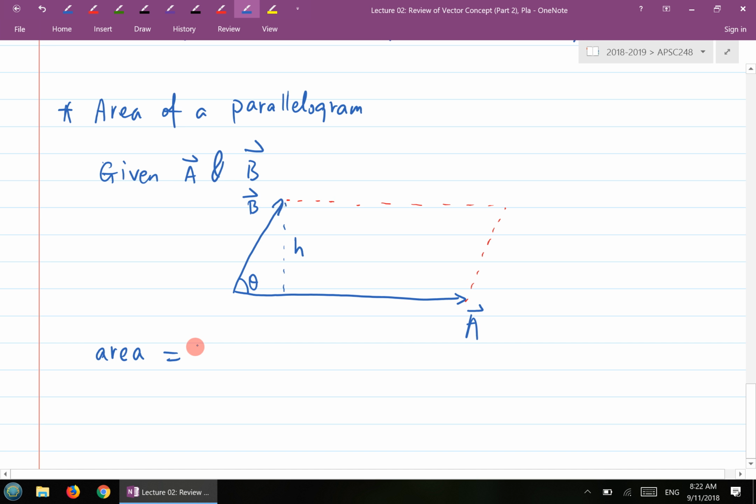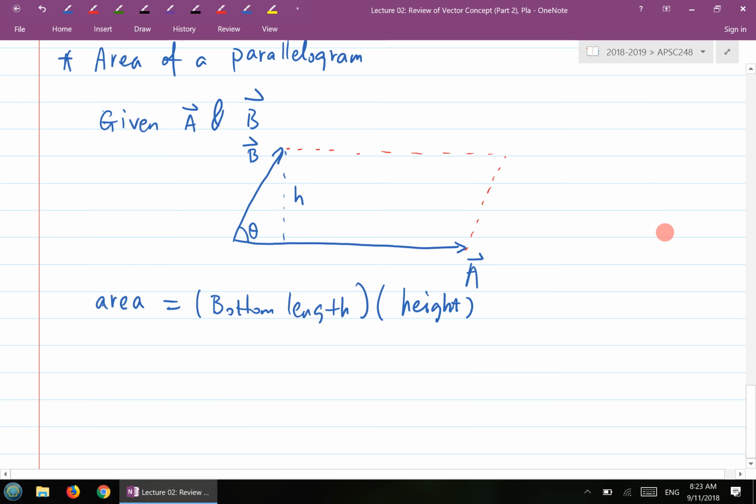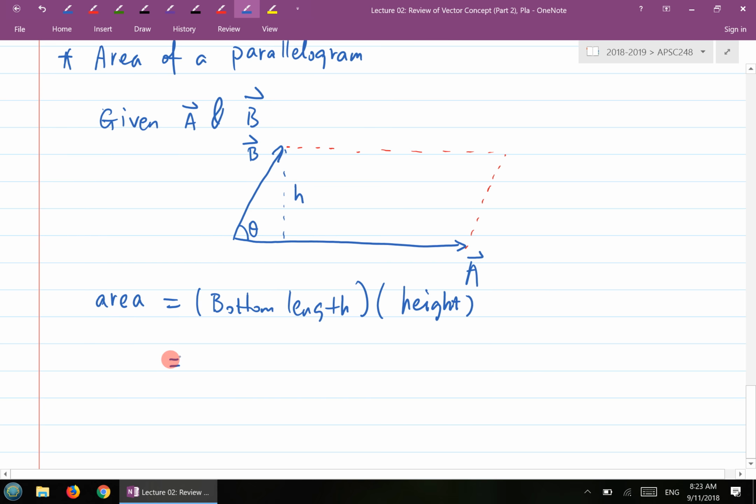As we learned in high school, you calculate the area of the parallelogram as the bottom length times the height. That's the basic formula for calculating the area of a parallelogram. If it's a triangle, then you put a 1/2, right? So now let's translate these things into the given conditions.